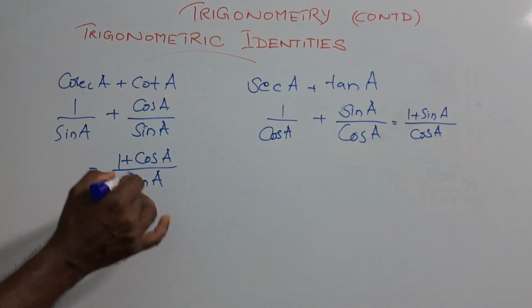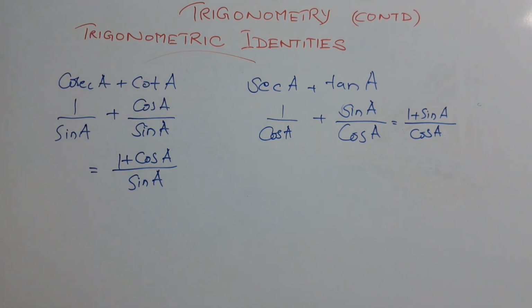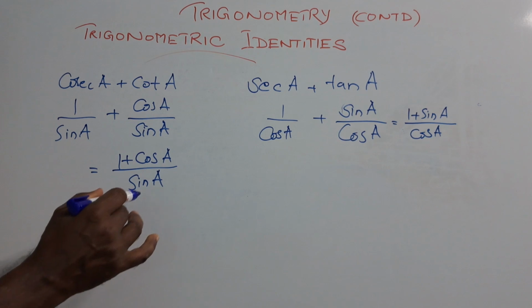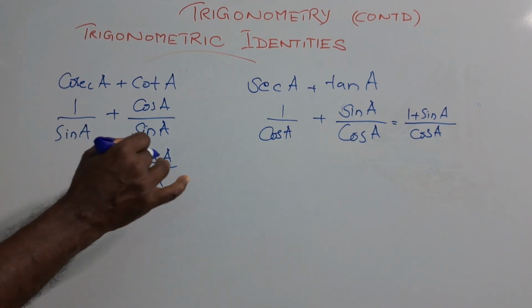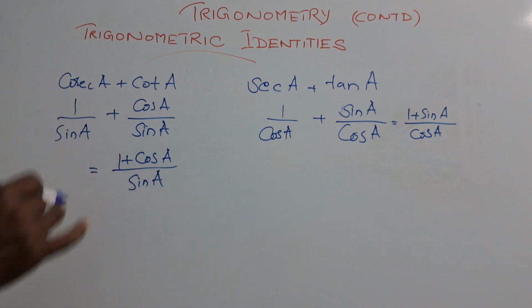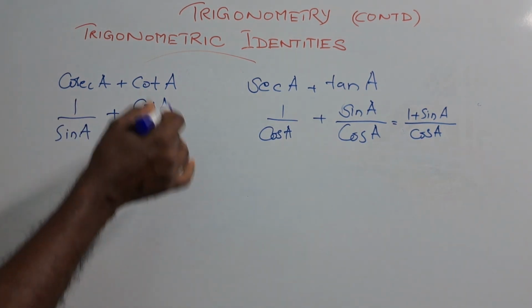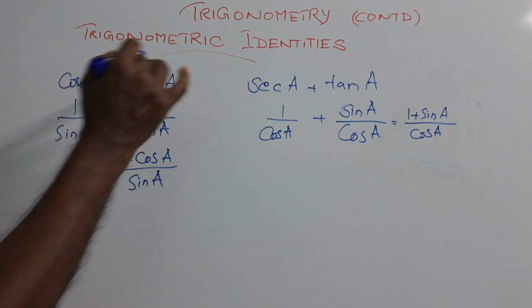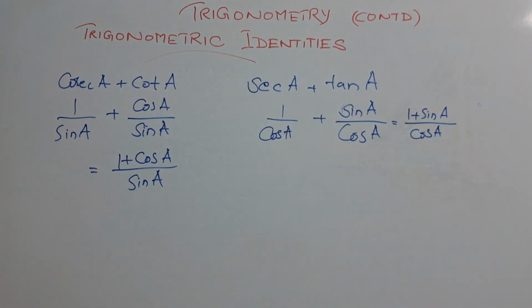First, this can be expressed as two fractions by splitting the sum by taking the same denominators and having different numerators. In this way, you can split this fraction. Again, this can be expressed as this. The same thing can also be done here. This is one way of approaching this problem.